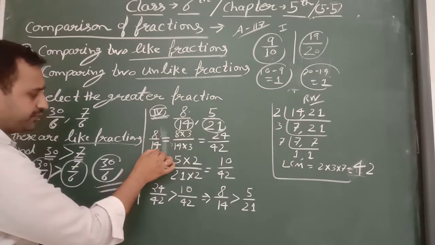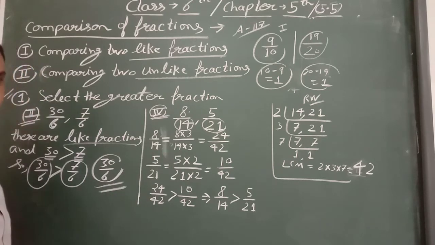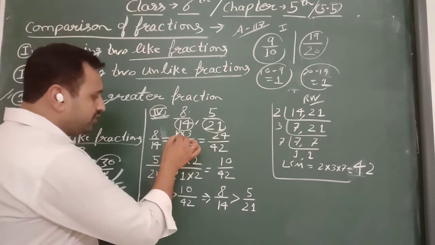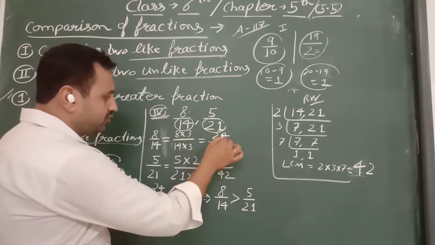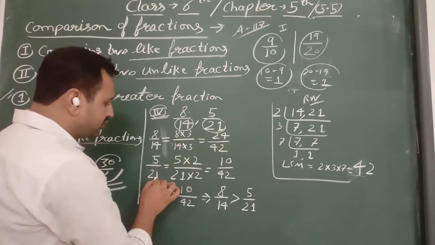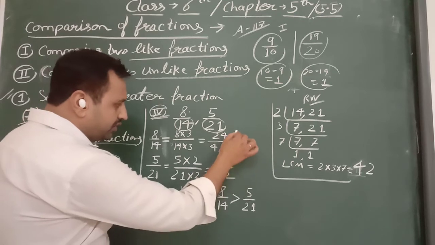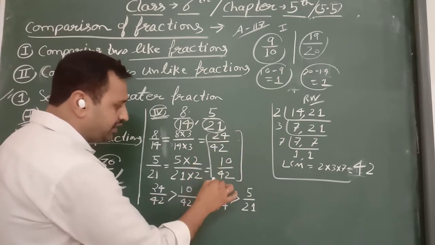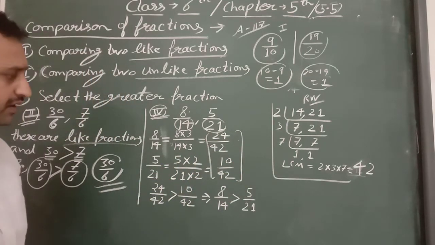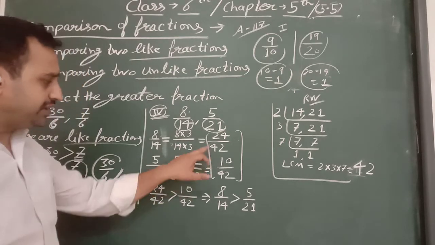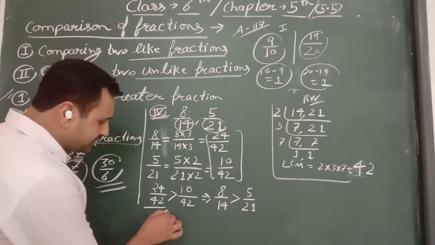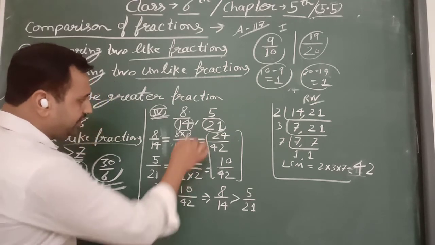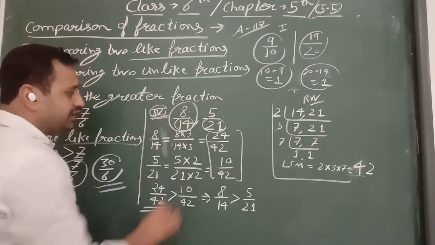First fraction 8 upon 14, to convert the denominator into 42, we multiply numerator and denominator both by 3. 24 upon 42, and 5 upon 21 multiplied by 2. Now these two fractions are like fractions, and we can very simply say that 24 is greater than 10, so it is the greater fraction, and finally 8 upon 14 is the greater fraction.